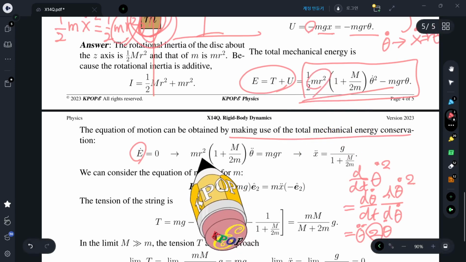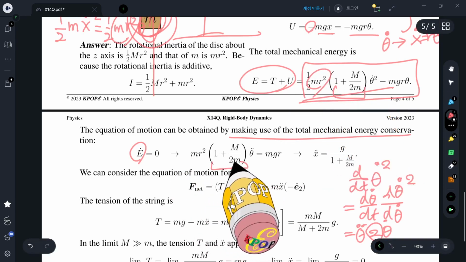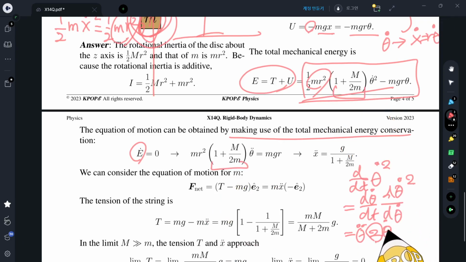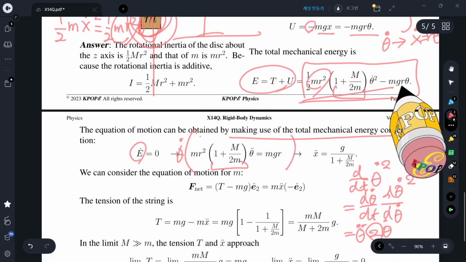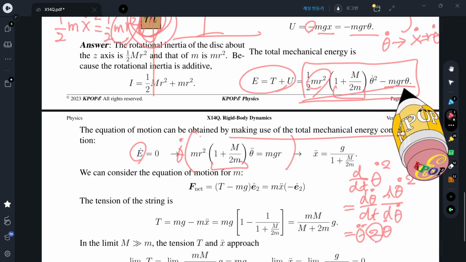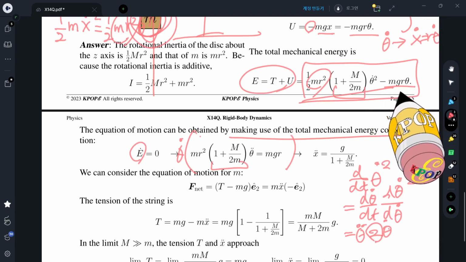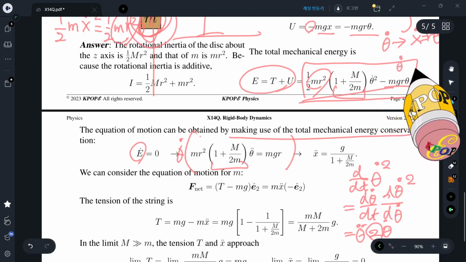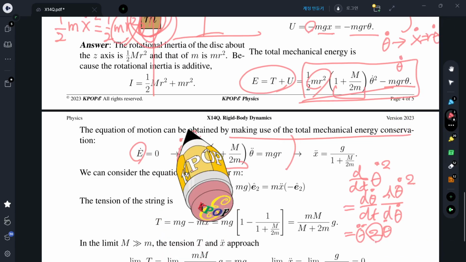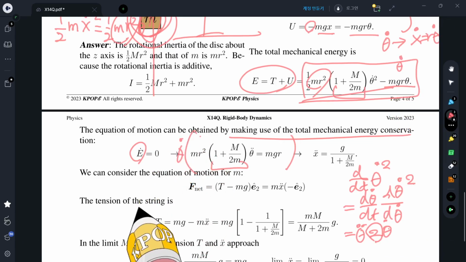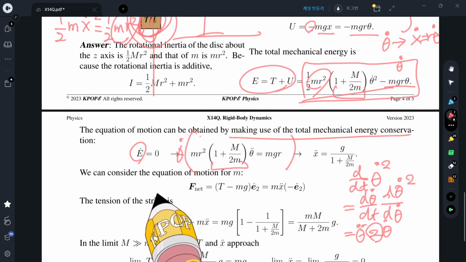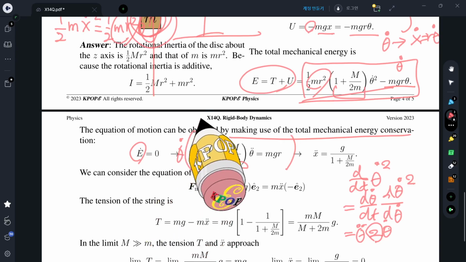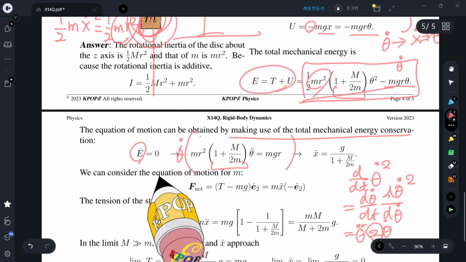We have mr squared, this factor, and we have theta dot factored out altogether. Here, if I take the time derivative, everything else is constant except that we have a theta dot. So we can delete theta dot, because theta dot at some point could be 0, for example, in the initial condition, but in the general case, theta dot can be cancelled.